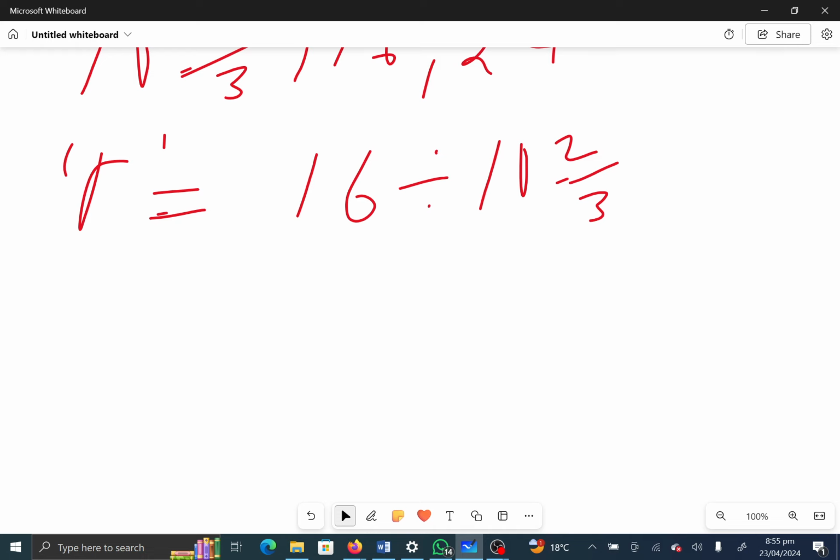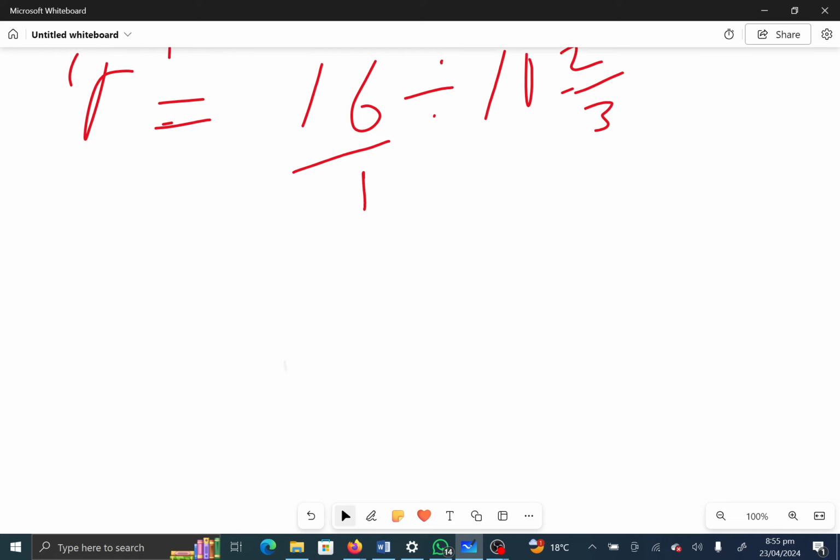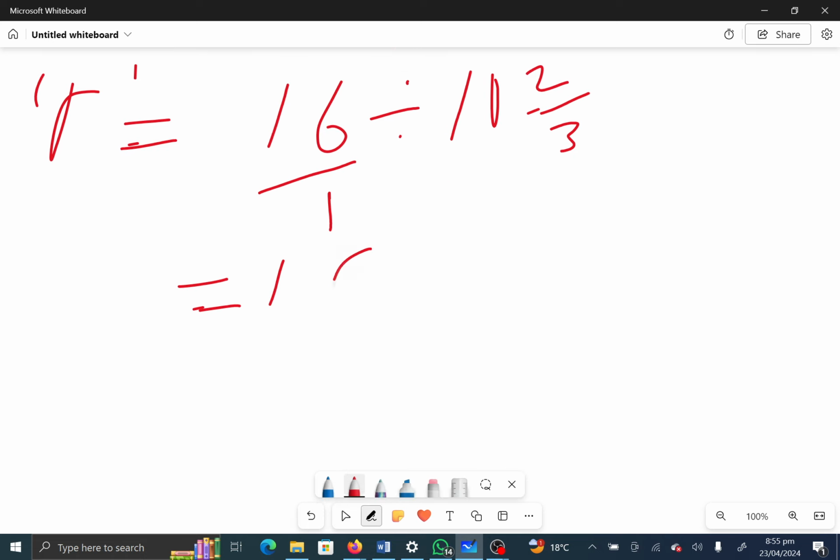Here we can put 16 over 1, because 16 over 1 is still 16.